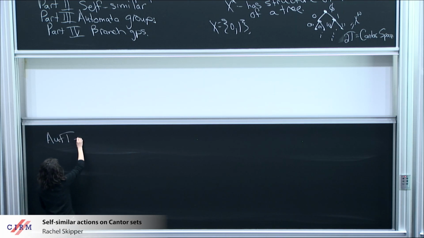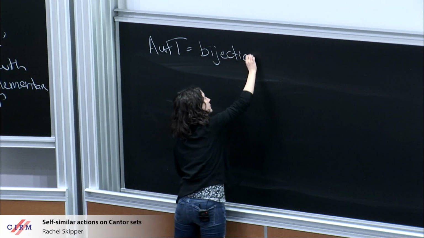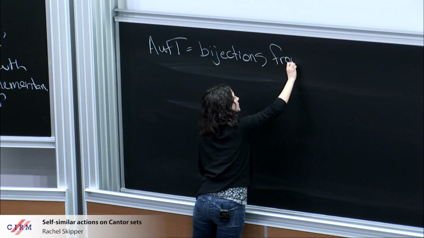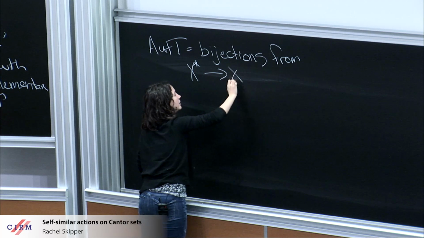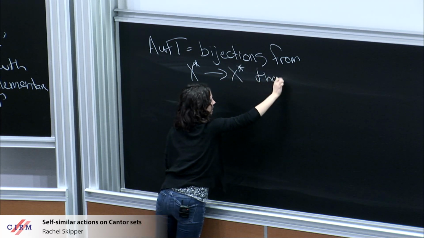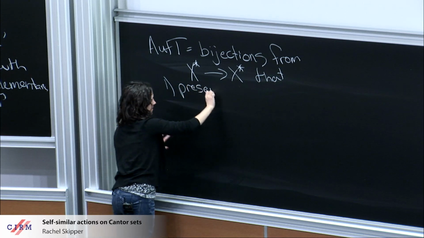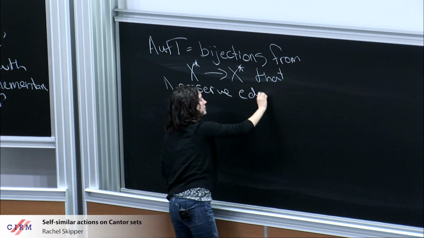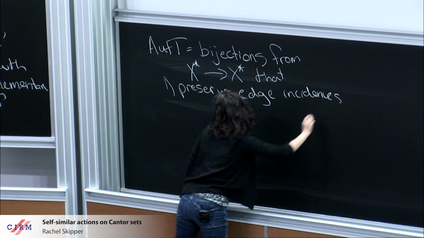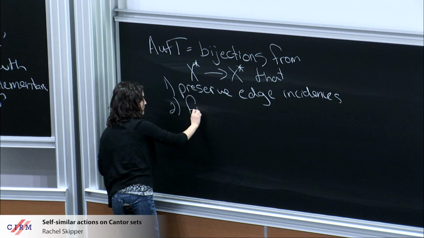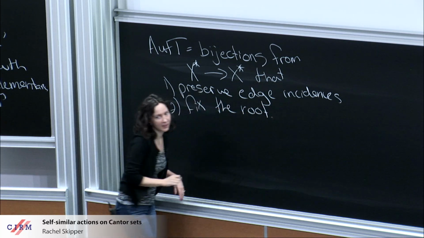So when we talk about Aut(T), this is going to be our bijections from X star to X star that, 1, preserve edge incidences, and 2, fix the root.